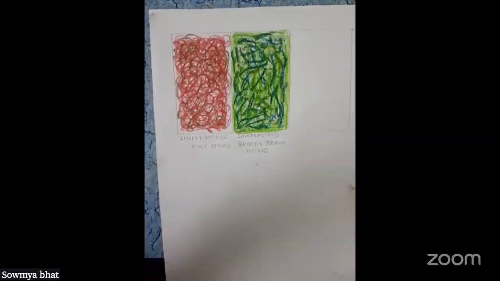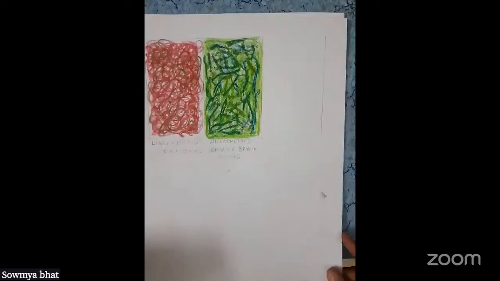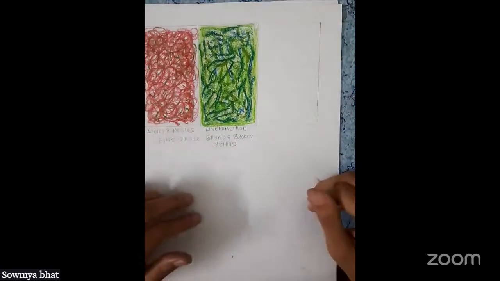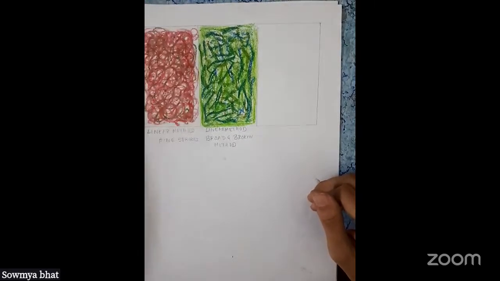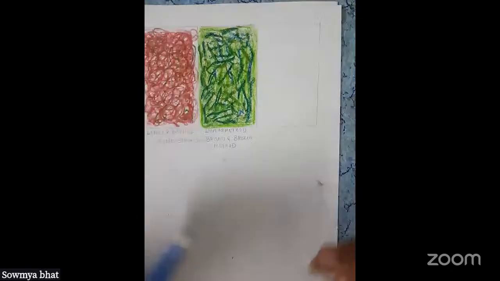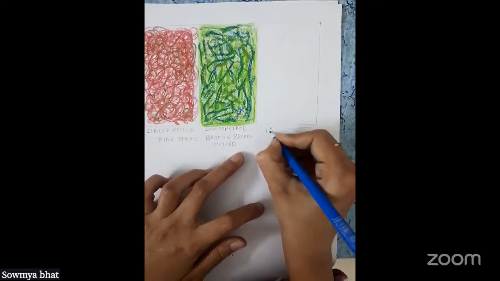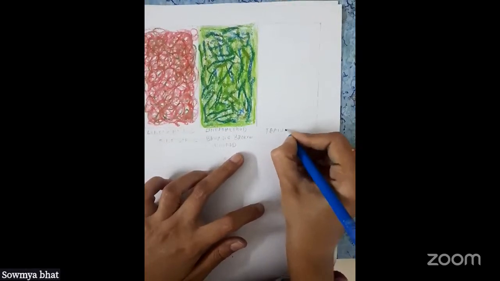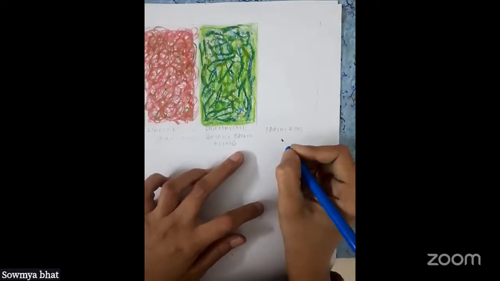Another technique, the last one, is called the feathering technique. This is one of the favorites. Most people, most children, and adults also will love this feathering technique, especially when we do peacock feathers. How do we do feathering?